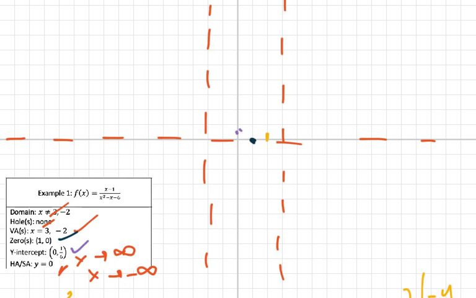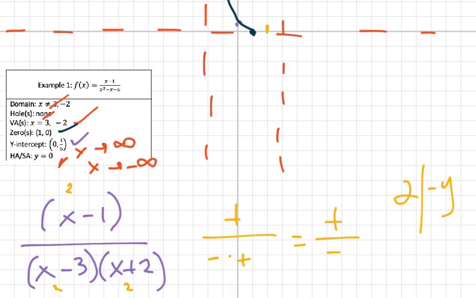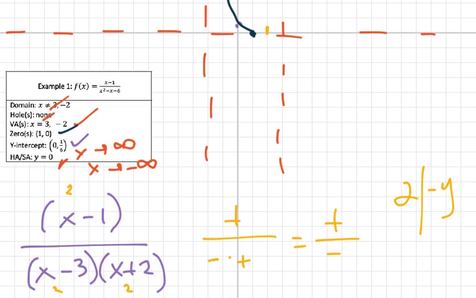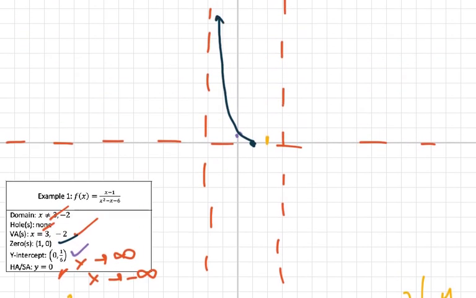Okay? So that helps me to know the direction. So if I'm to the left side here, remember, I can't cross that asymptote. I can get infinitely close to it, but I cannot cross it. Okay, I can't even touch it. Now, we just saw that if I plug in positive 2, I'm going to get a negative y. So it's going to come like this. Now, how do I know it's not going to cross that x-axis again? Well, there are no other zeros.